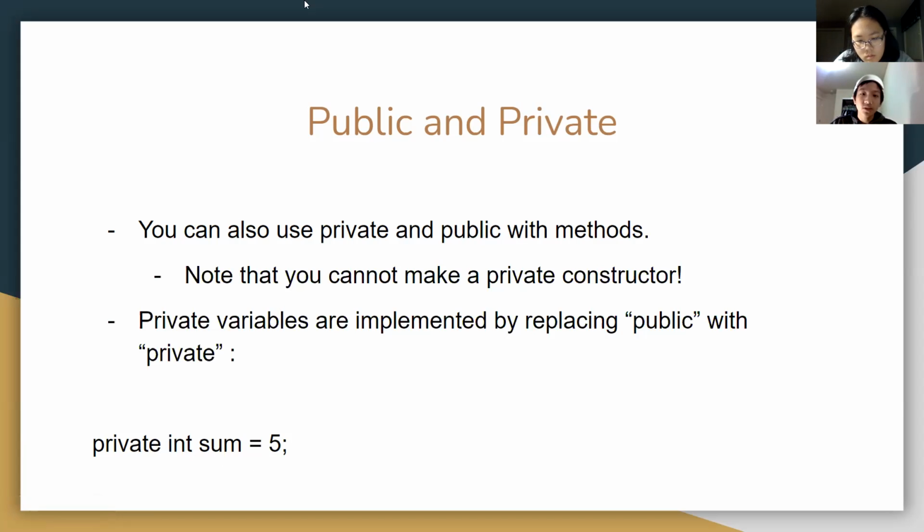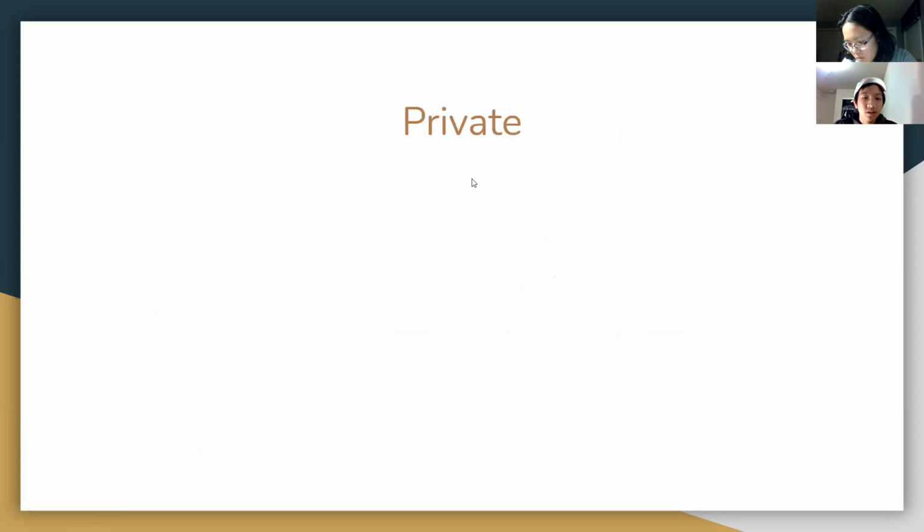But public and private are the 2 main ones. If we create this variable and the access modifier is private, then if something wants to use the variable sum, it has to be in the same class where sum was created, because it's private. So that was a little bit on public and private.